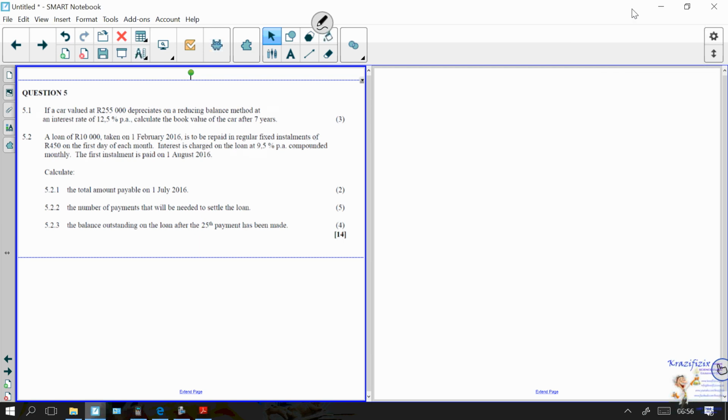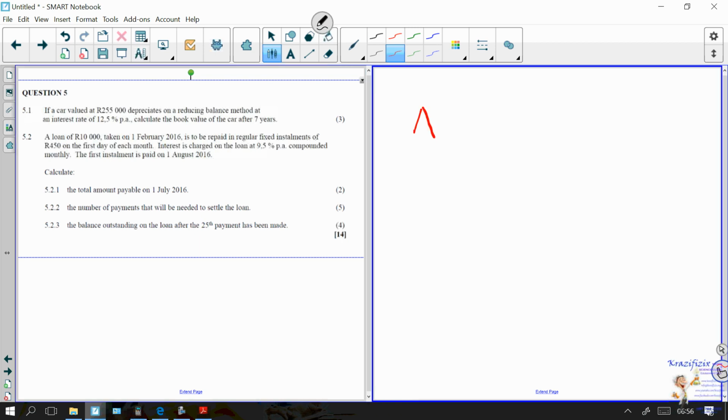Okay, finances. Money, money, money, money. If a car valued at 255,000 depreciates. Now, once you see that thing depreciates quickly, immediately think about this. All right. A car valued at 255,000 depreciates on a reducing balance method. That's the method there.